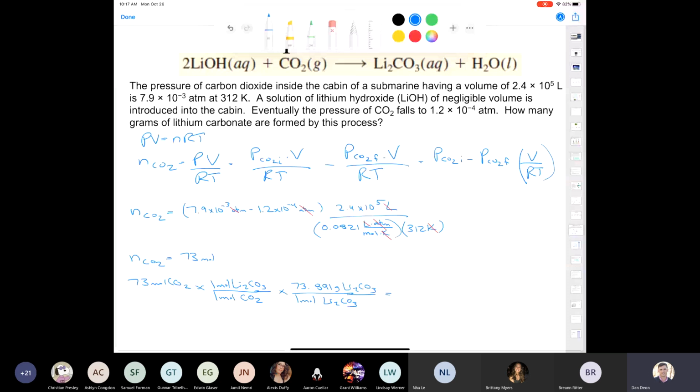Comme ça, as we say in French. Moles of carbon dioxide cancel, moles of lithium carbonate cancel. We're left over with a mass of lithium carbonate, which is equal to 5.4 times 10 to the power of 3 grams of lithium carbonate. Okay, and what does that mean?